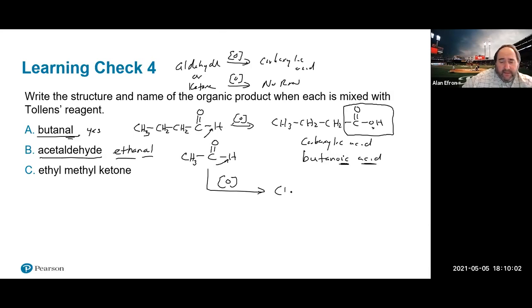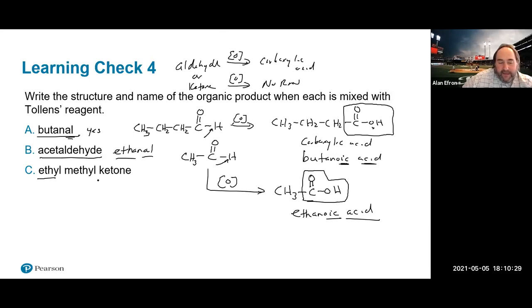And nothing's going to change other than inserting that oxygen right there to make our carboxylic acid group. Carboxylic acid based off of 2 carbons: ethane becomes ethanoic acid, oic acid in this case. Any question on those two?